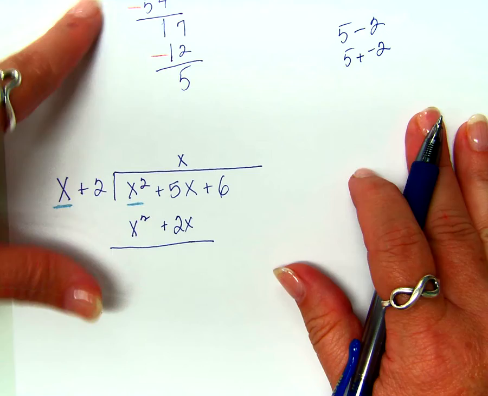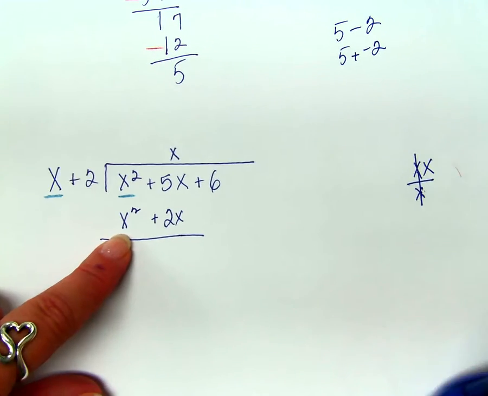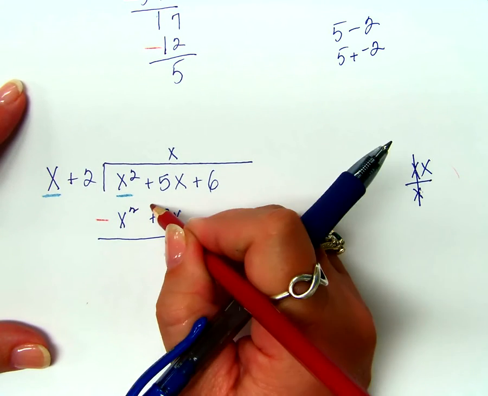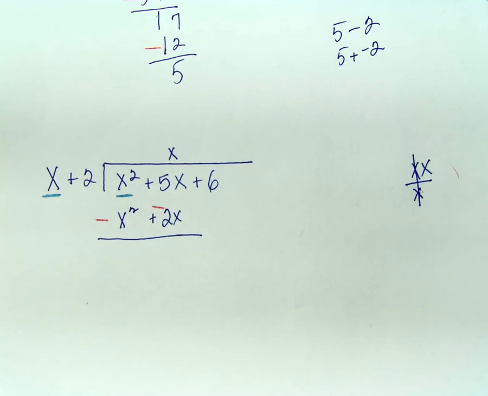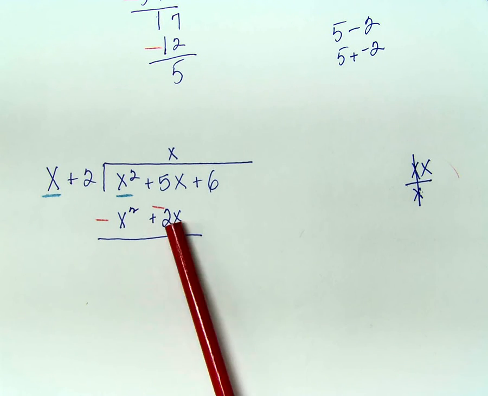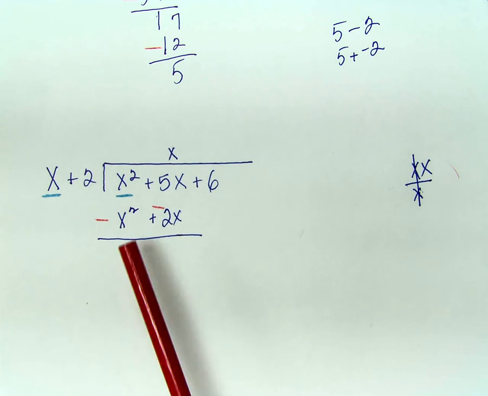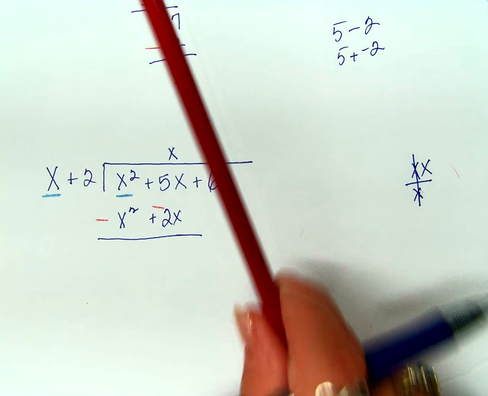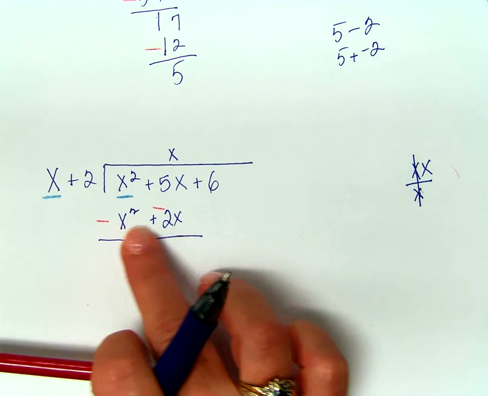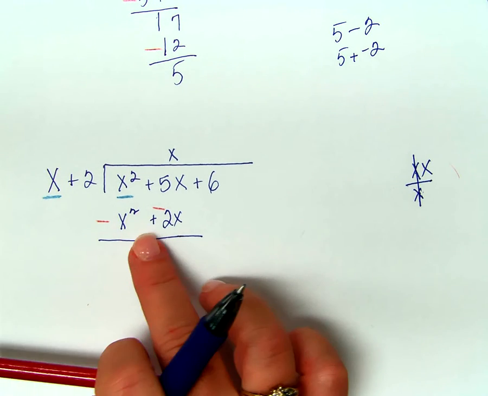So while we are subtracting, we need to subtract every term. Does that make sense? We're kind of adding the opposite of what used to be there. We're subtracting each term. And that's why I need a different color, because I want to tell myself I'm subtracting both of these.